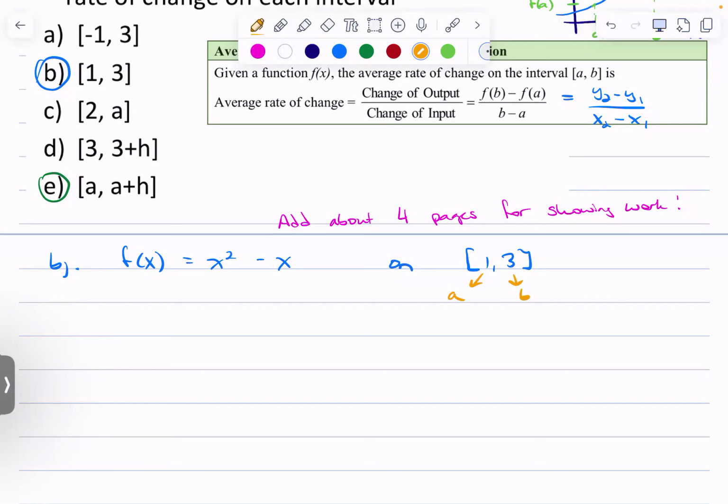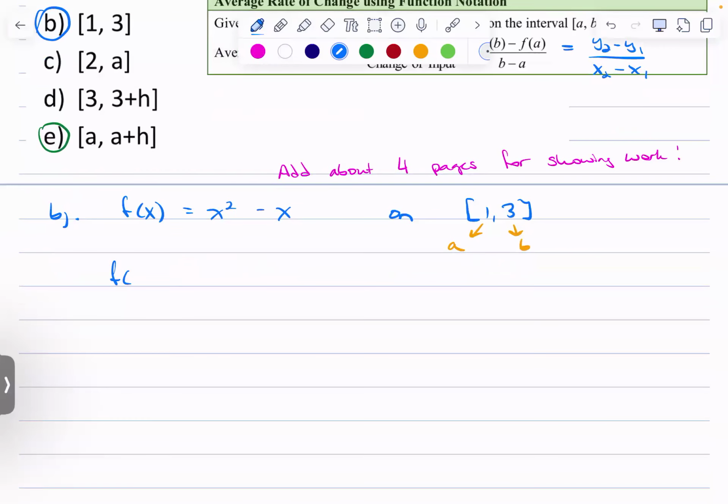It's going to be 1, and our b is going to be 3. What else do I need? I have my b minus a ready to go. I also need my f of b as well as my f of a before I can put them together. I like to solve those separately first.